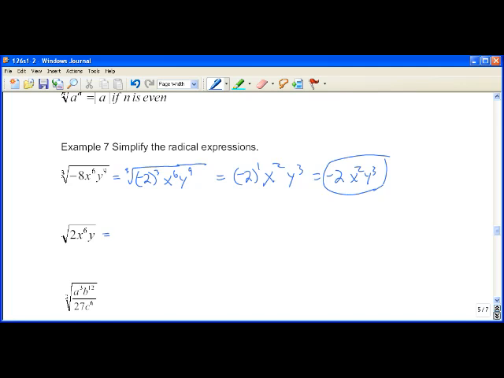Now for the next one, we have the square root of 2x to the 6th y. This is like having an index of 2. I'm going to leave that normal so people don't think I've changed it. It's like having a square root of 2x to the 6th y. Well, 2 has no power other than 1, and y has no power other than 1. So we can divide the 6 by 2, which is 3. Square root of 2y.